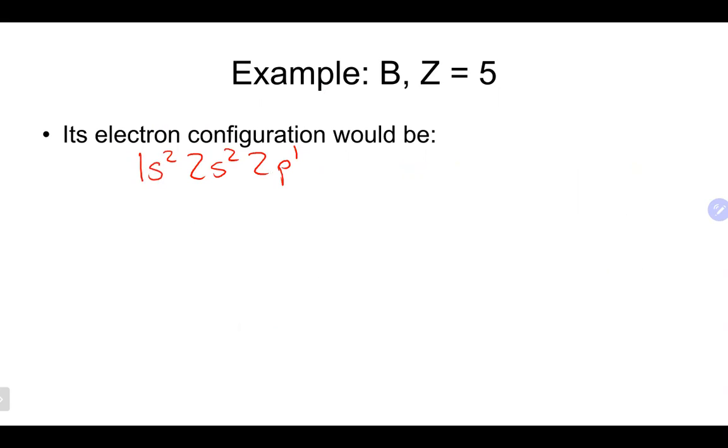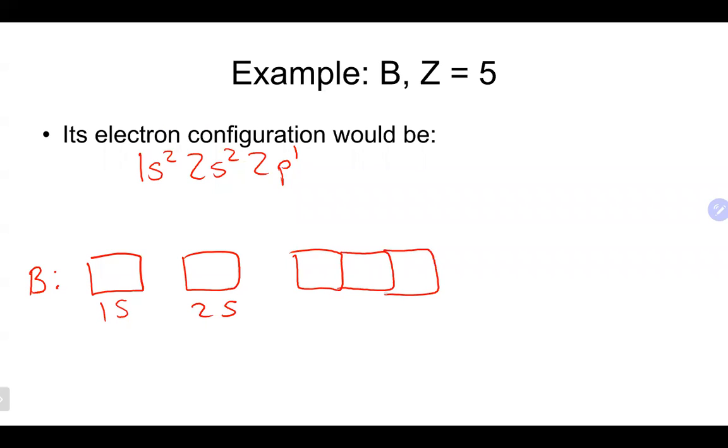If we draw our orbital diagram, we have a box for our 1s, a box for our 2s, and how many boxes should I have for my 2p? 3, as there are 3 different p orbitals. All 3 of those make up the 2p subshell, which is really px, py, and pz. The x, y, and z is what they represent.